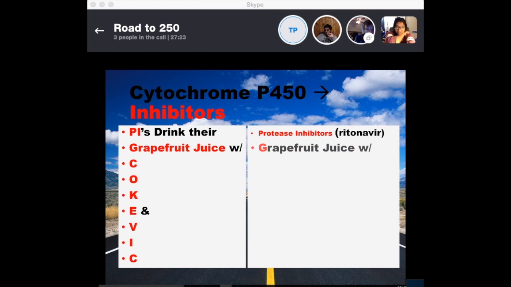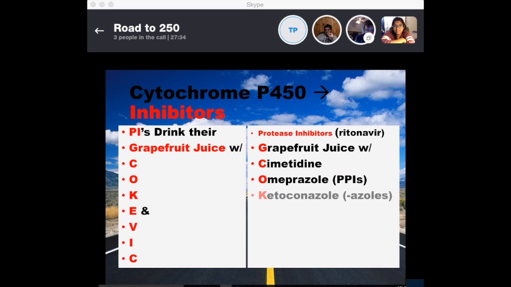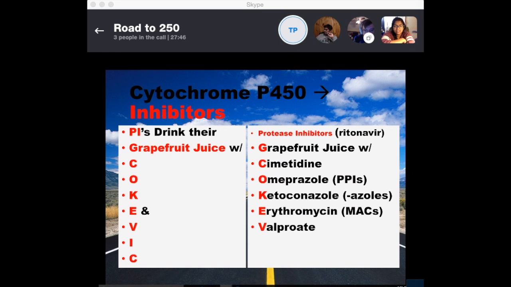And then grapefruit juice. Cimetidine. Omeprazole. Nice. Ketoconazole. Erythromycin. Valproate. Isoniazid. And finally, others use chloramphenicol.